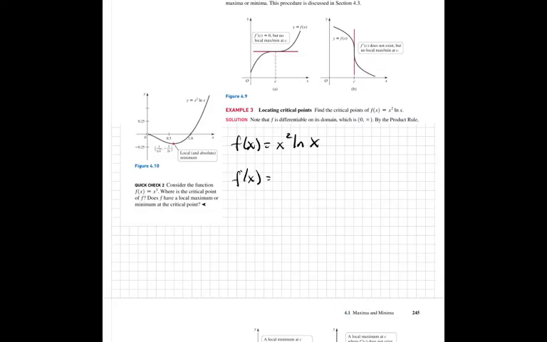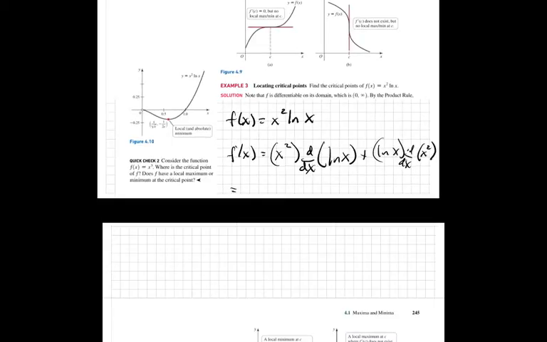We have to use the product rule, which is going to be the first times the derivative of the second, plus the second times the derivative of the first. The derivative of the natural log of x is 1 over x.